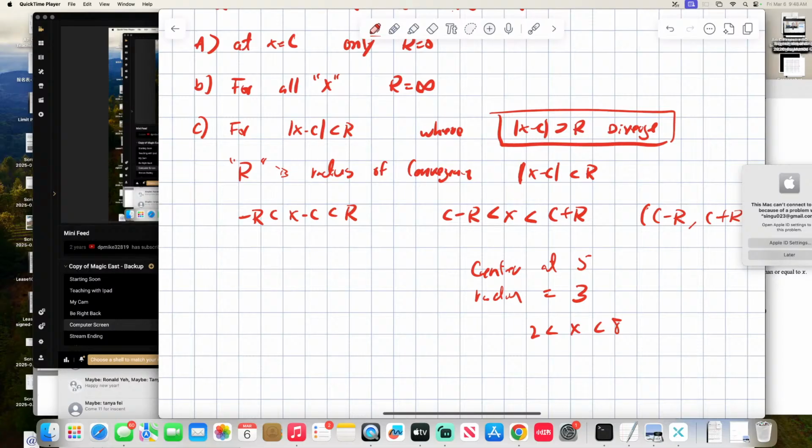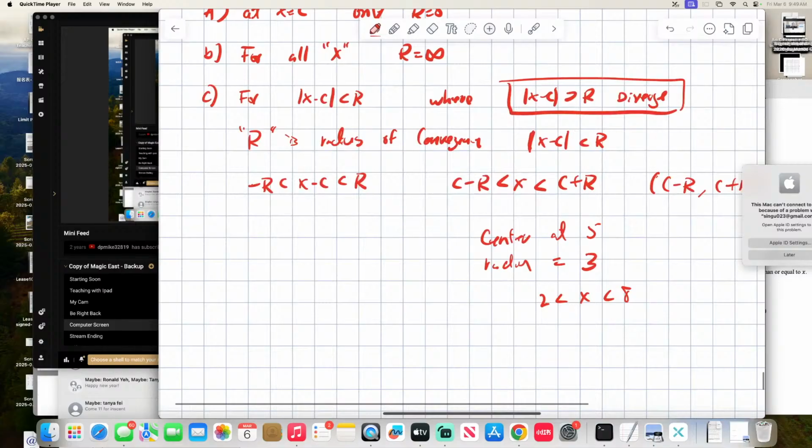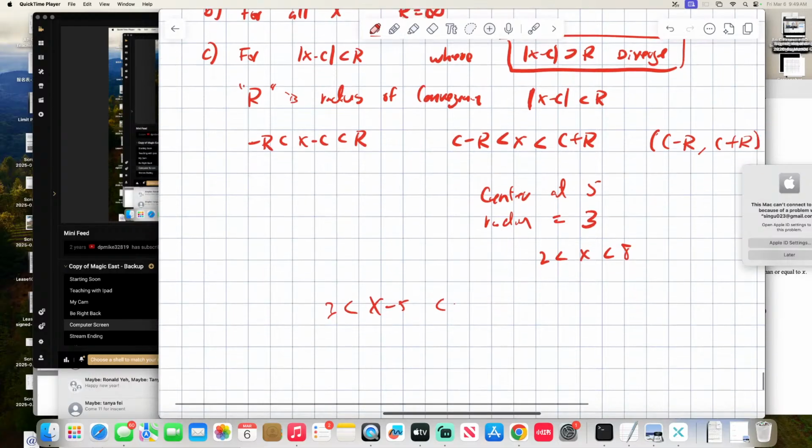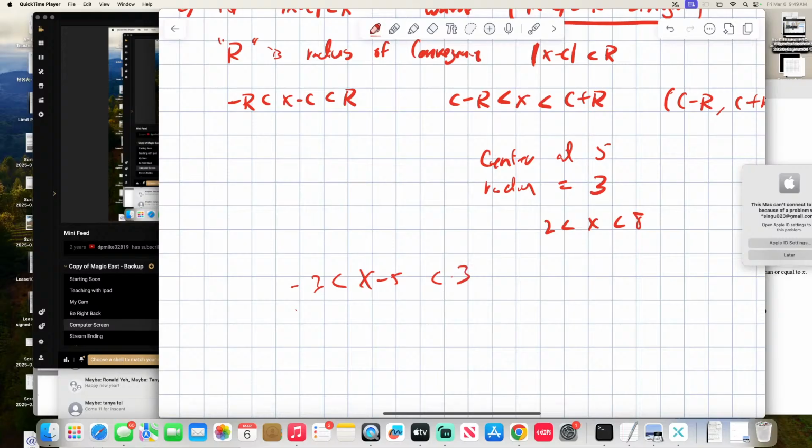Say my center is x minus 5, and according to this, it's less than 3, so it's between minus 3 and 3. If I solve it, if I add 5 to all of them, that's 2 less than x less than 8. So that'll be the interval that works. It tells you the range.